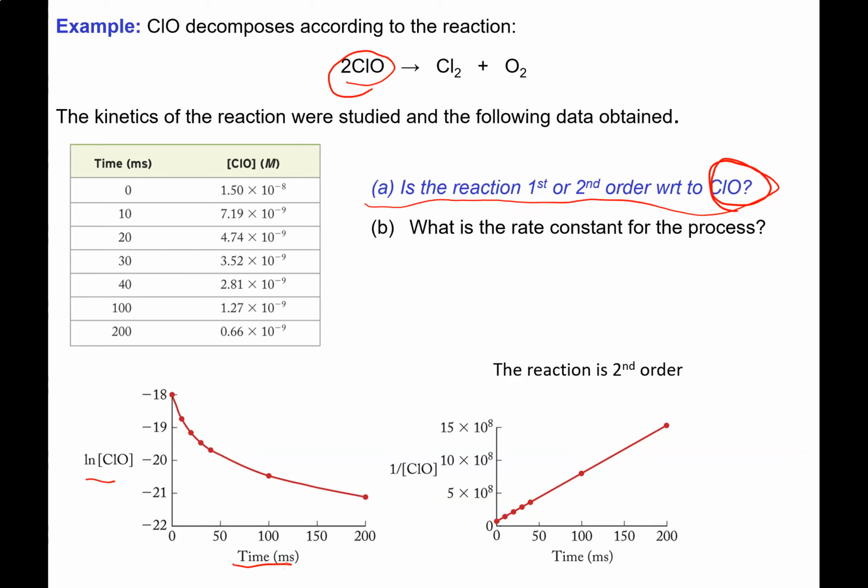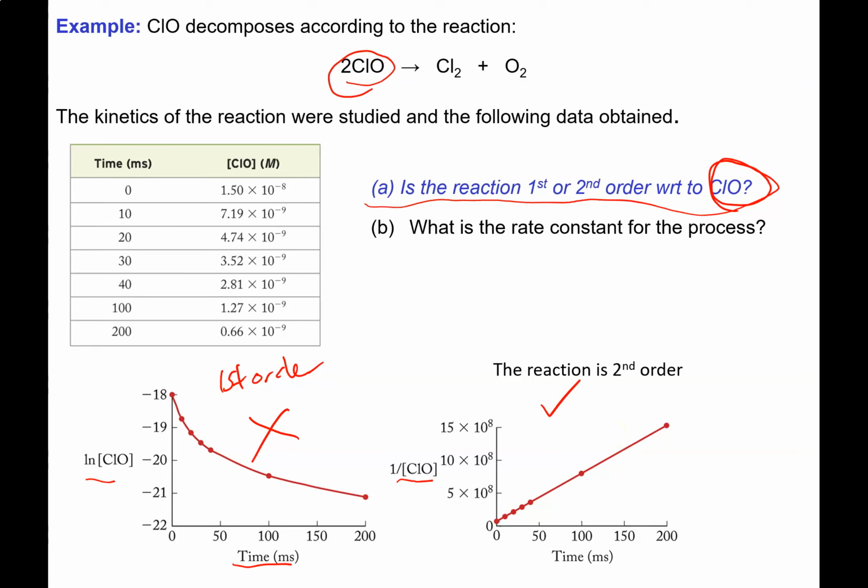And if that is linear with a negative slope, it would be first order. And in this case, you can pretty clearly see that it is not. Now to check whether it's second order, I'm going to plot 1 on the concentration against time, and if it is second order, that plot will be linear and it'll have a positive slope, and it is. So it is definitely second order.